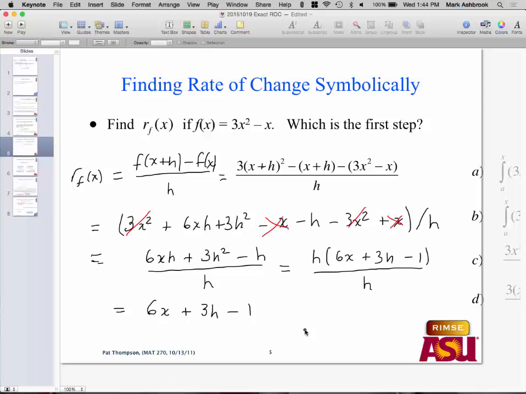But it would be exact if? You took out 3h. Yeah, so we say if h is essentially 0, or really super small, then what is our exact rate of change function? 6x minus 1.